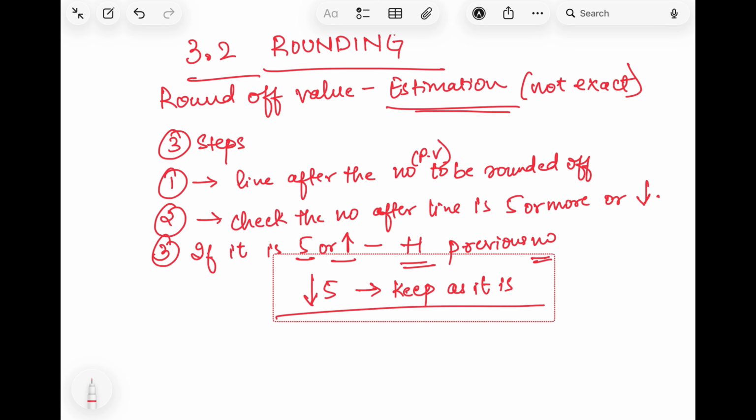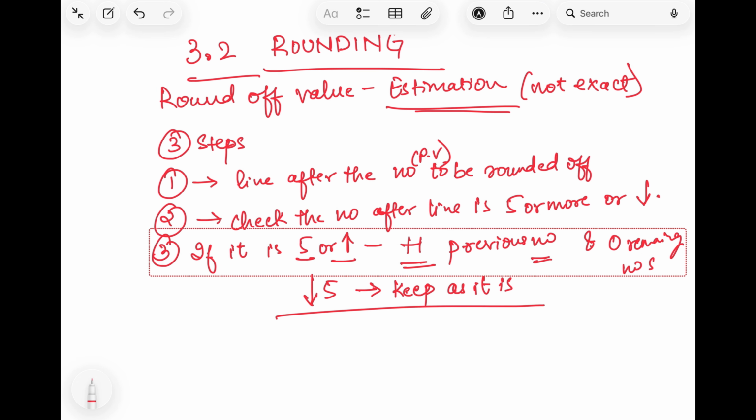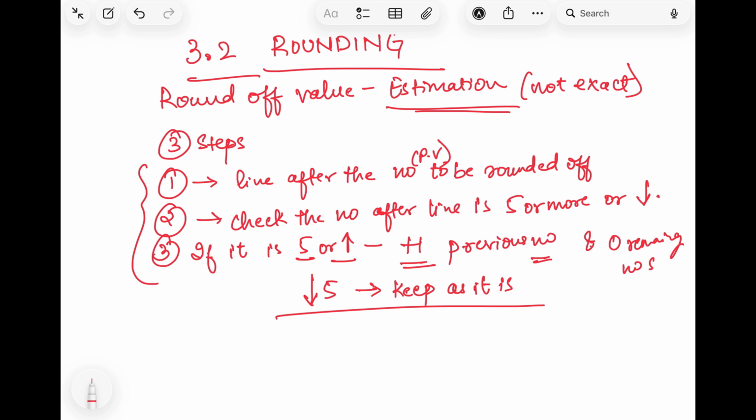And if it is less than 5, we keep the number as it is. We don't touch the number, but after that, whatever numbers are there, we put 0 in place of the remaining numbers. Okay, so these are the very important steps to be followed for rounding.